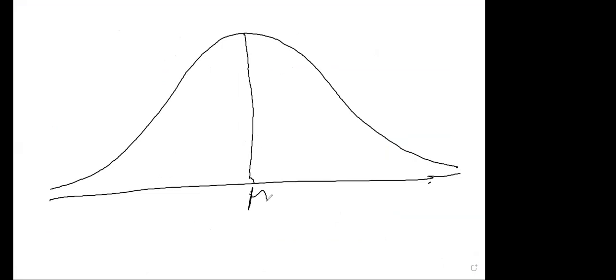Bell shape, symmetric with respect to the mean. The mean, the mode, and the median are the same. And it satisfies what we will call the empirical rule.